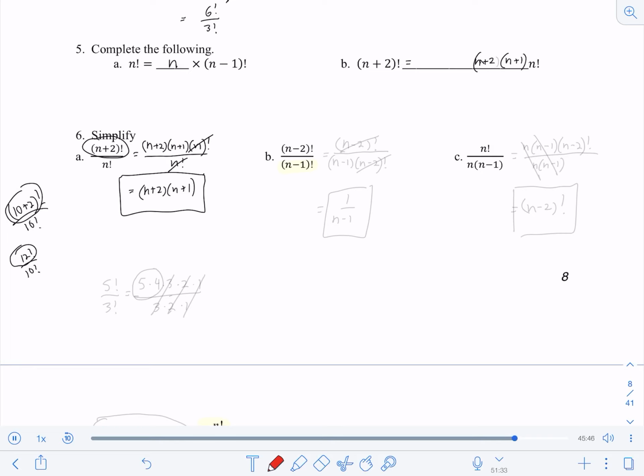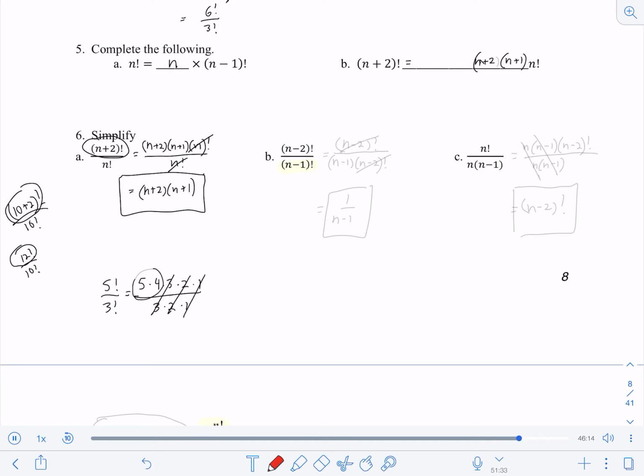Yeah, go ahead, Zohab. Well, that's a great question. So let me go 5 factorial divided by 3 factorial. Instead of n plus 2, I've got 3 plus 2. And if I expand those, 5 times 4 times 3 times 2 times 1, and if I expand this, you can see that all of this stuff cancels here.